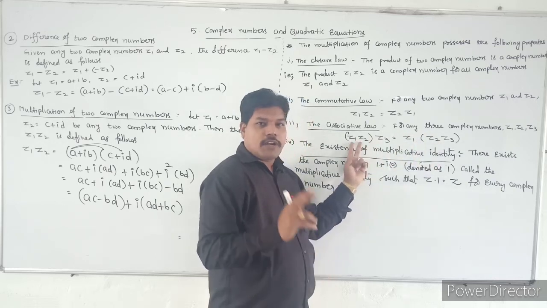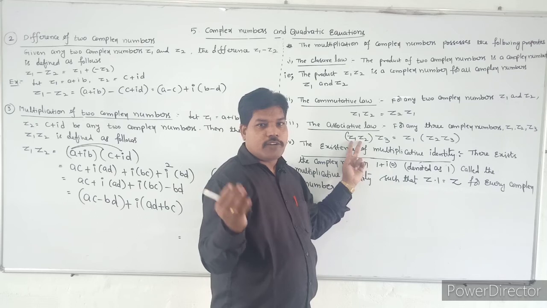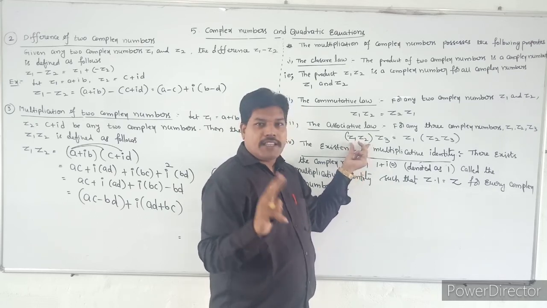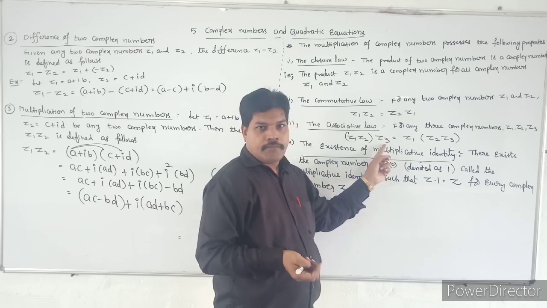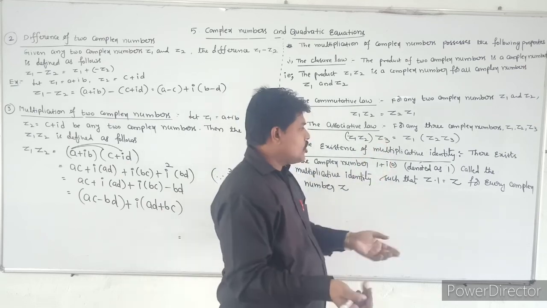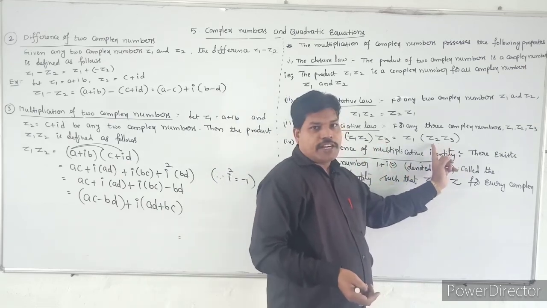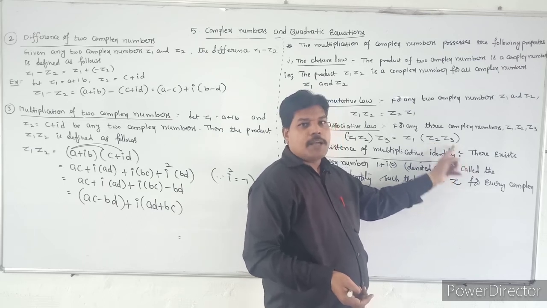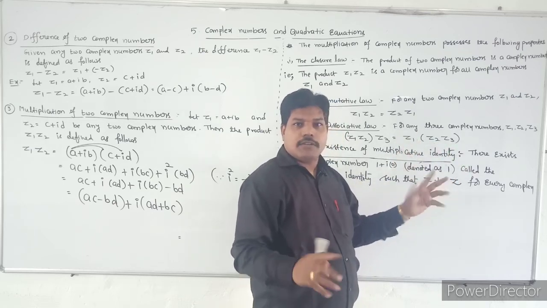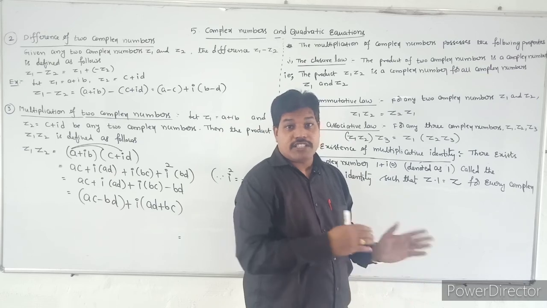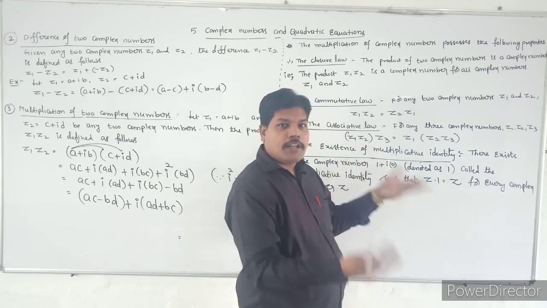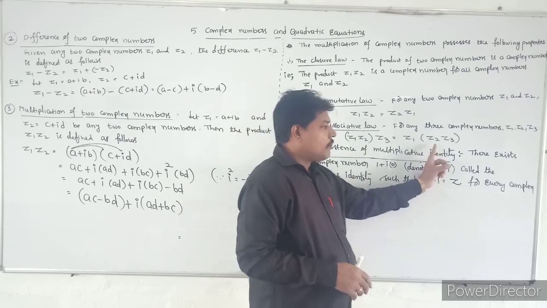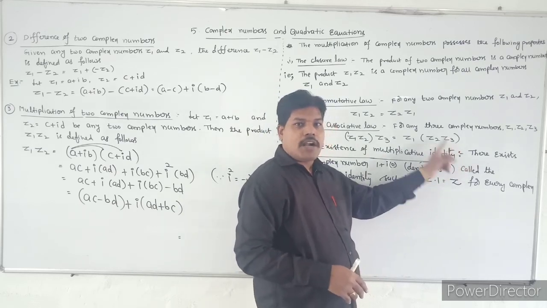If you want to multiply Z1, Z2 and Z3, you can multiply the first two complex numbers Z1 and Z2, then multiply by Z3. Or you can first multiply Z2 and Z3, then multiply with Z1. By your choice, both are the same. That is the condition; we will use these properties in the problems.